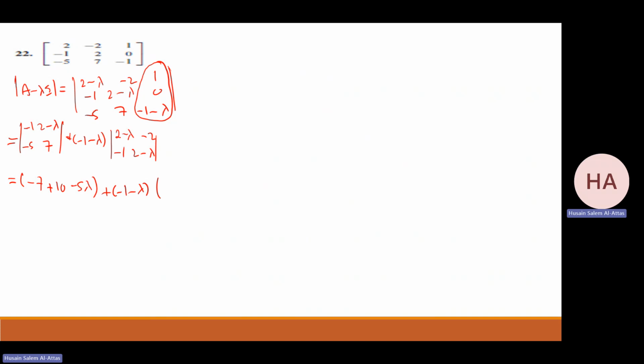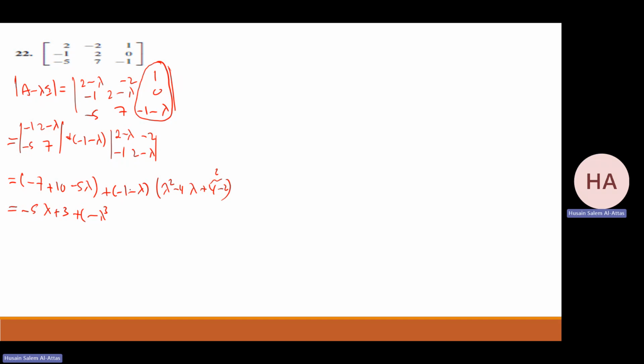This is 2 minus lambda square, which is lambda square minus 4 lambda plus 4, minus 2. That is 2. Do the calculation. I have minus 5 lambda plus 3. Okay, plus what? Minus lambda cubed.